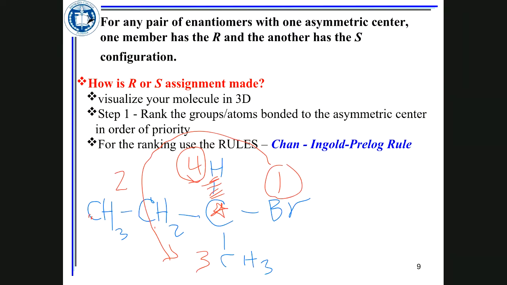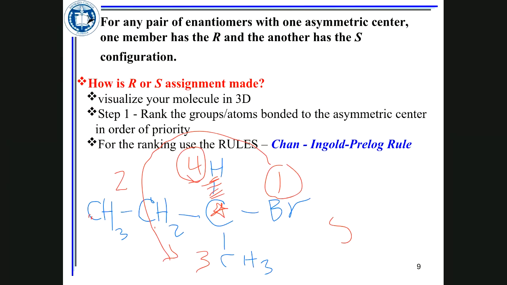If the hydrogen is going away from you, the configuration is going to be S, because it's counterclockwise. When you are going from highest priority to lowest priority, you could bypass 4, because 4 is away from your view and is not blocking this.